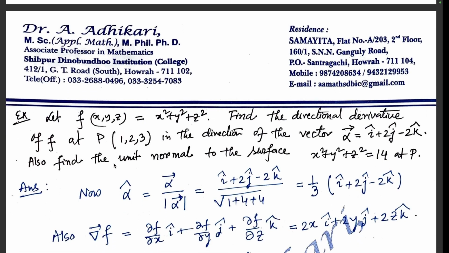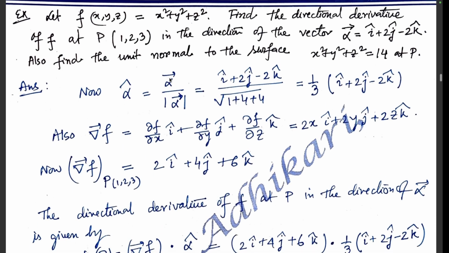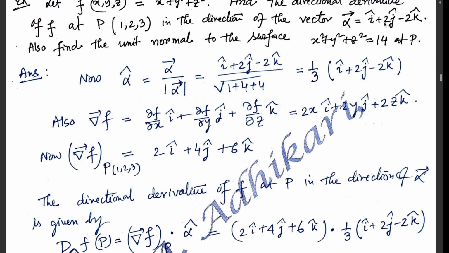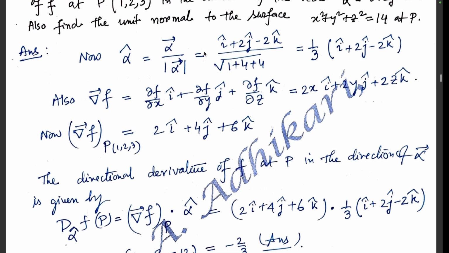Here we do some worked examples. Given the function f(x, y, z) equals x square plus y square plus z square, find the directional derivative of f at the point P (1, 2, 3) in the direction of the vector alpha, i cap plus 2j cap minus 2k cap. Also find the unit normal to the surface x square plus y square plus z square equals 14 at P. So alpha cap is alpha vector by mod of alpha vector, grad of f is this, and grad of f at the point P (1, 2, 3) is this.